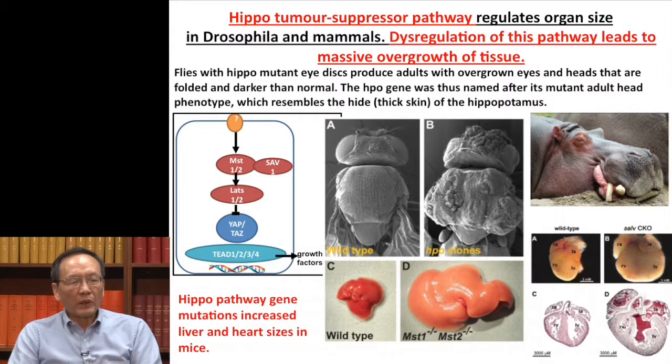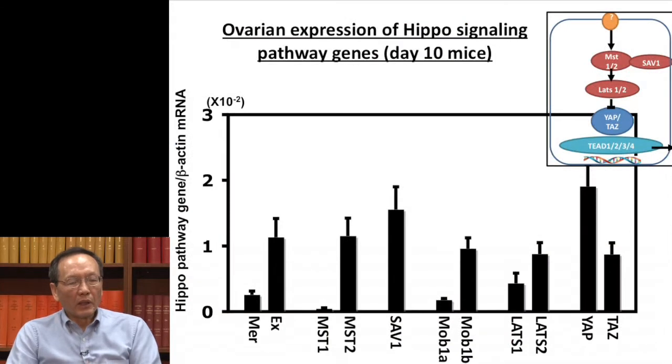So in general, in a normal tissue, YAP always stays in the cytoplasm and gets degraded, so it cannot go into the nuclei. In this case, the serine kinases, MST and the others, will phosphorylate YAP. But you can see we found that in the day 10 ovary in this slide, every gene in this pathway is already in the ovary.